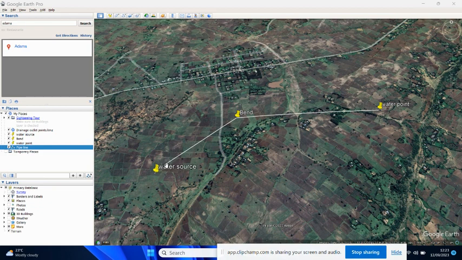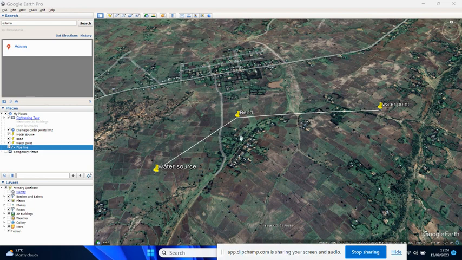If there are peak points above the water source, or some peak which makes the hydraulic analysis difficult, we have to check the profile between the water source and the water point. Then we can collect that peak point and take it into WaterCard. Then the analysis will be okay.